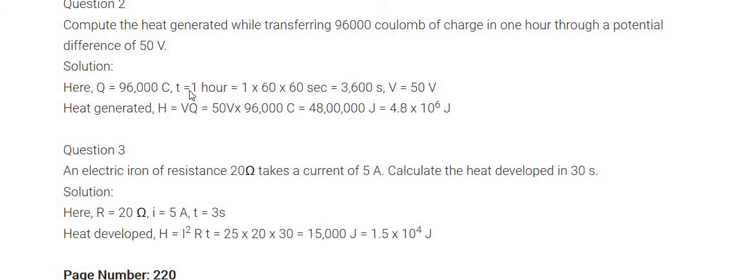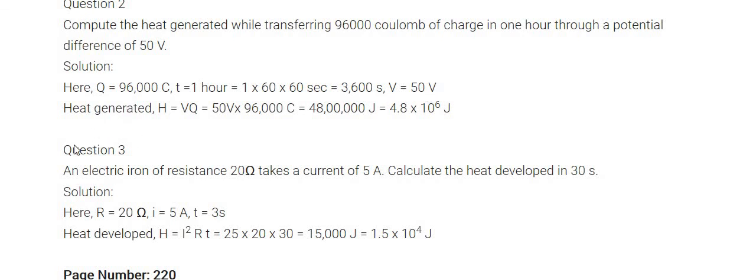But first of all we have to convert this hour into seconds. So 1 hour is equal to 60 minutes, and 1 minute contains 60 seconds, so 1 into 60 into 60 gives 3600 seconds. And V is already given, that is 50 volt.